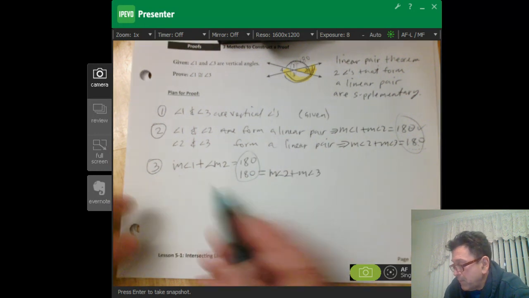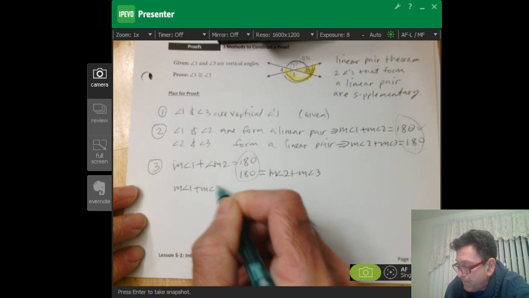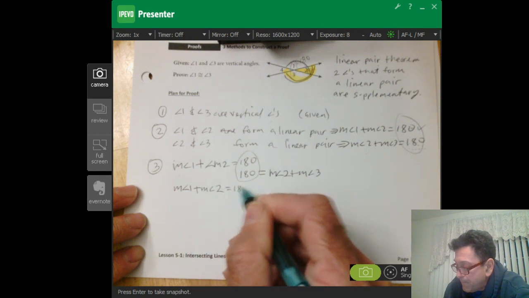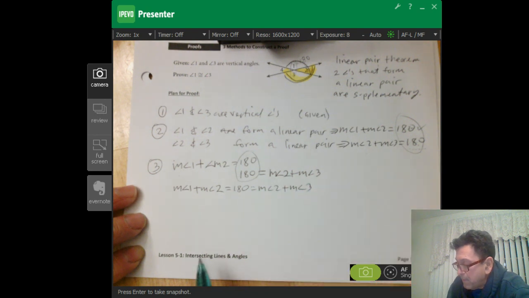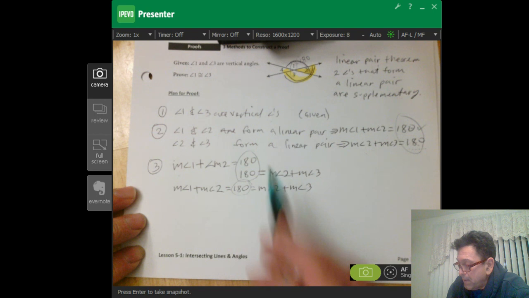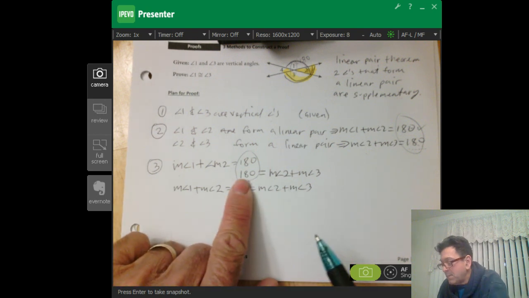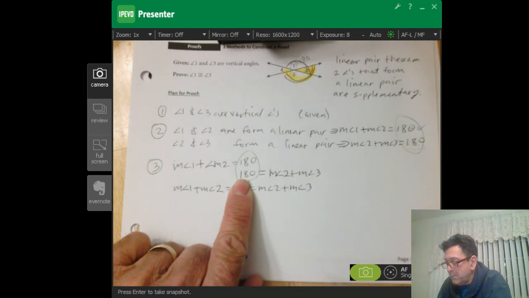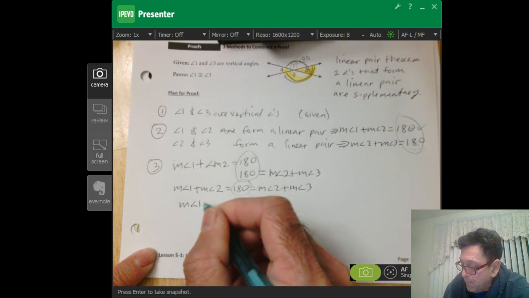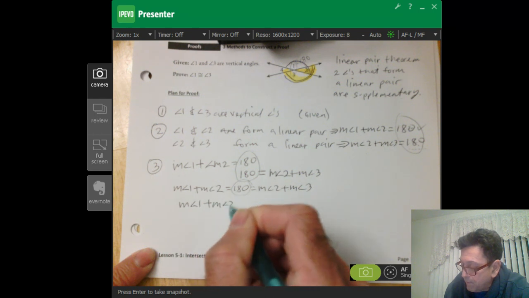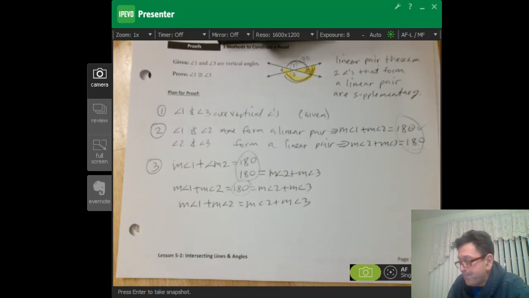Now, if we consolidate this, if we put it together, this is what we have. So this part right here is the same as that. And if we eliminate it, these two are equal as well. So measure angle 1 plus the measure angle 2 equals the measure angle 2 plus the measure angle 3.